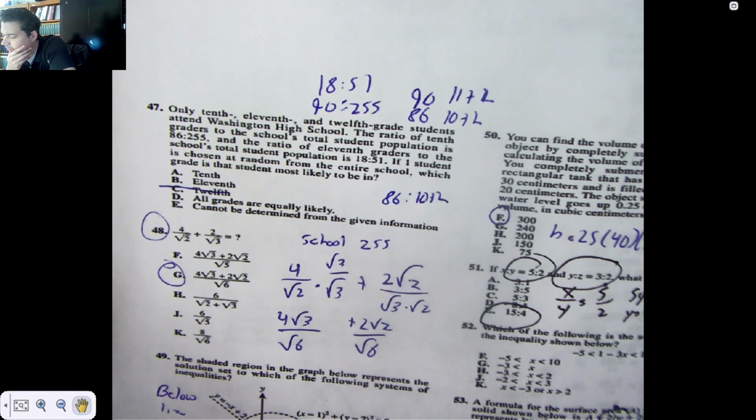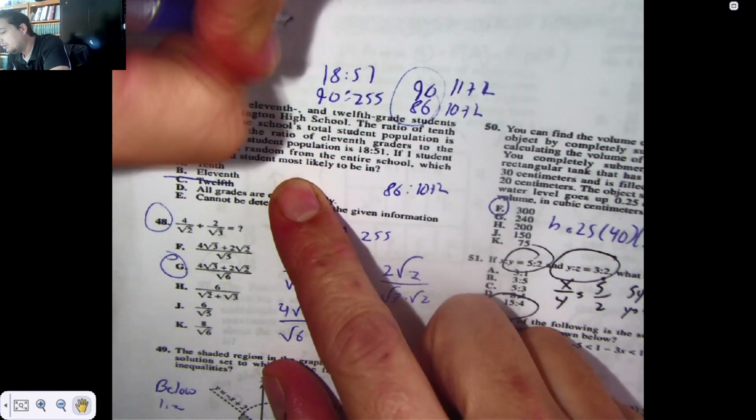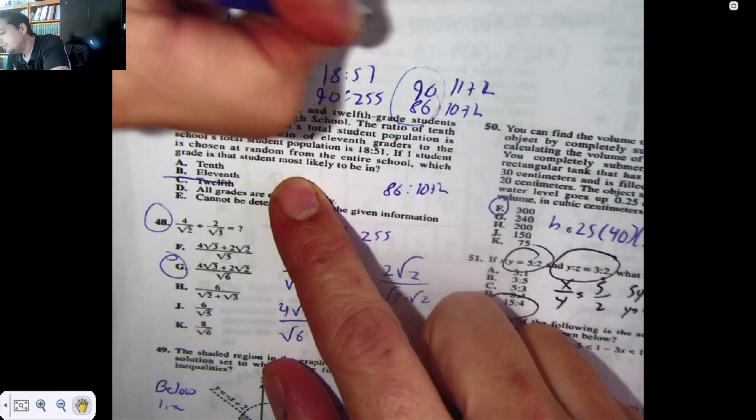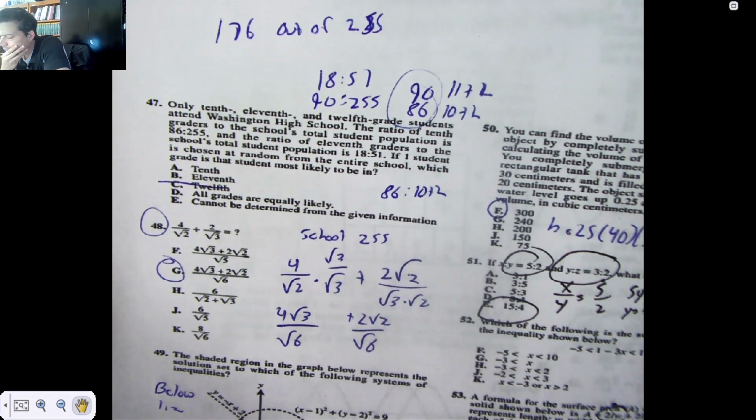A lot of kids just drop out. But I don't know if they actually give you enough information. They told you the 11th grade ratio, they told you the 10th grade ratio, and they didn't really tell you what else was going on. But we have what, 176 out of 255, right? It's kind of what it looks like.